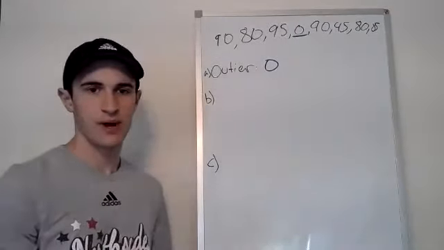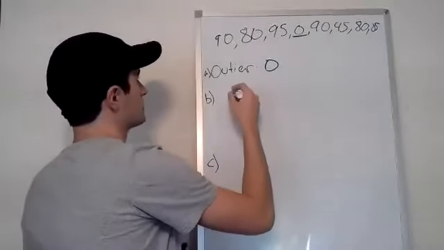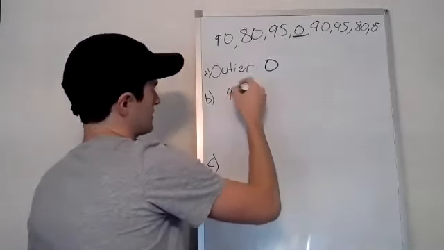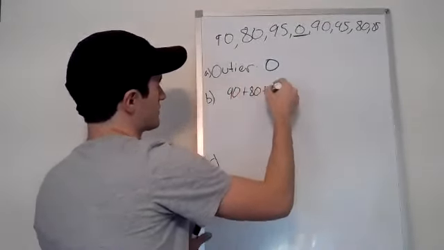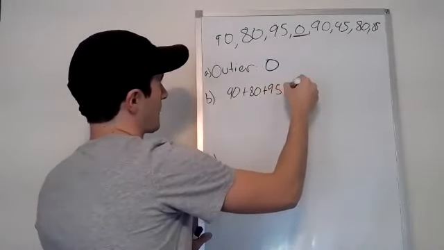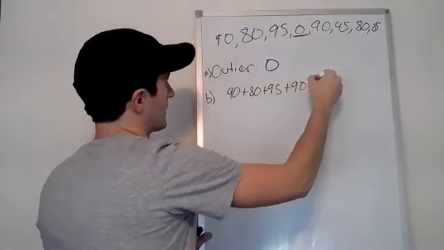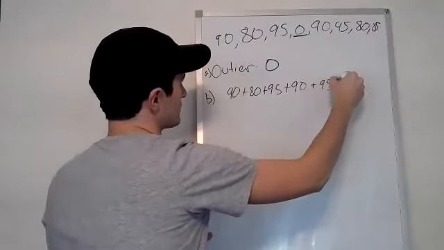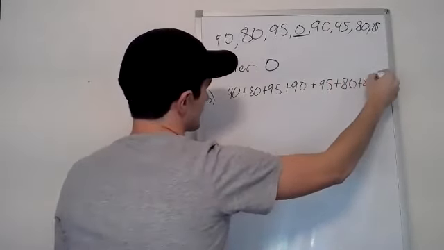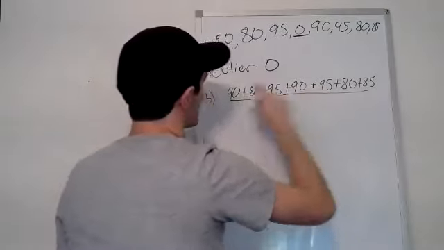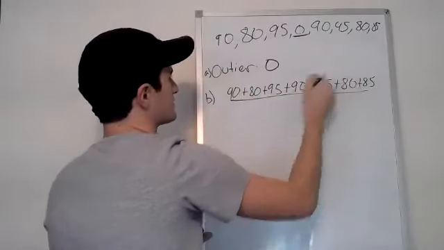Same process as before, so what we have to do is find 90 plus 80 plus 95 plus 90 plus 95 plus 80 plus 85, all divided by 1, 2, 3, 4, 5, 6, 7.